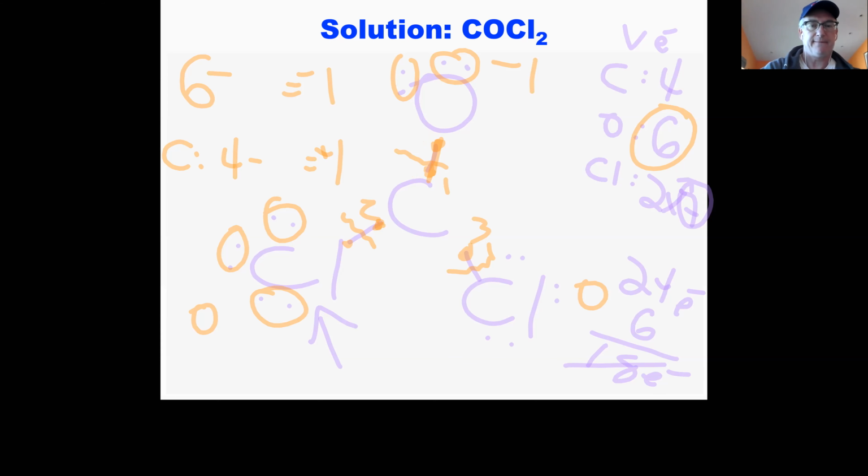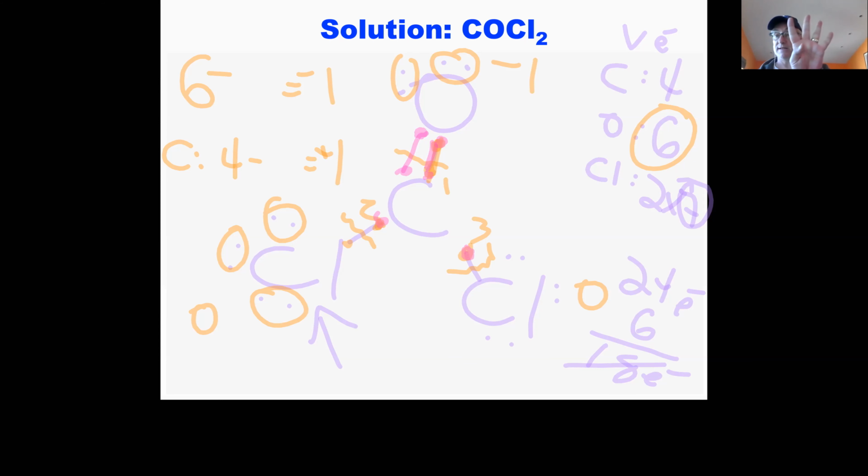So what are you counting? Here's my double bond, and I'm counting the ones from the double bond, which only has 2, and single bonds have 1. Oh, you're talking about the carbon. Yes, the carbon has 4 now. So 1, 2, 3, 4.